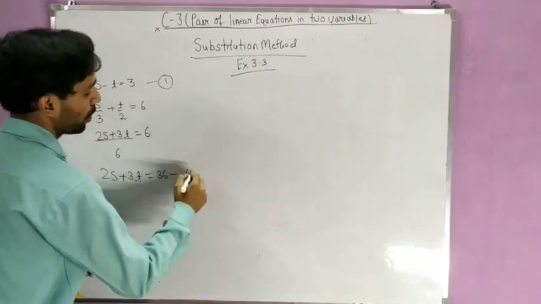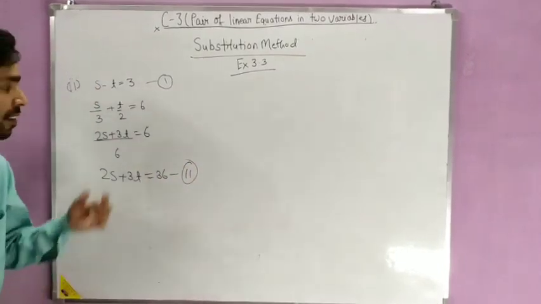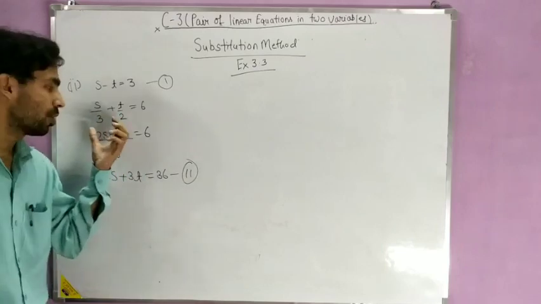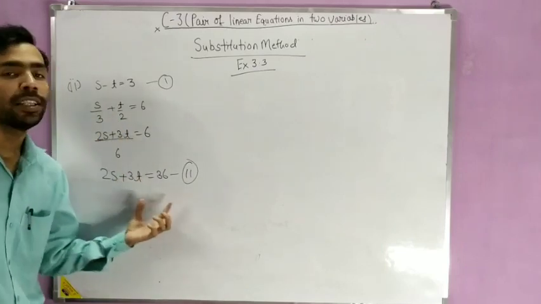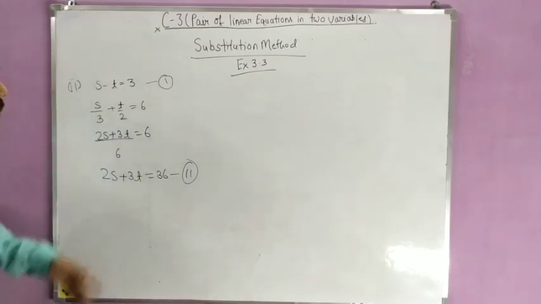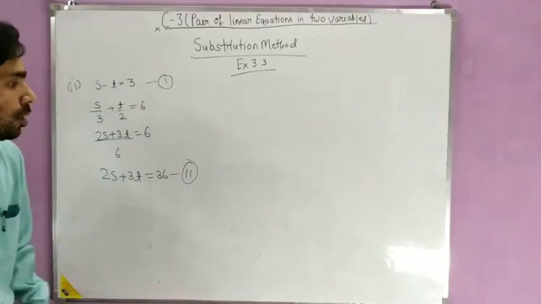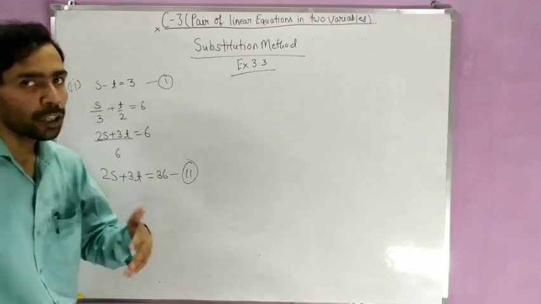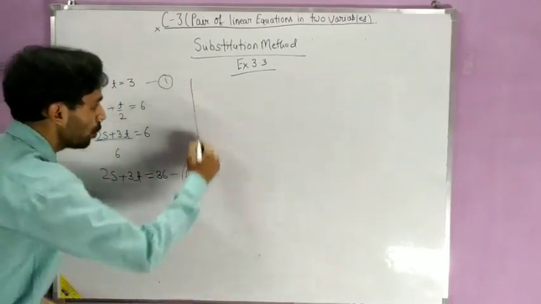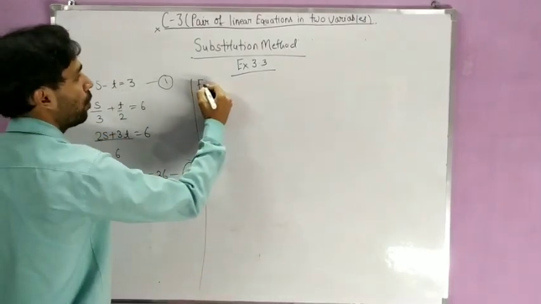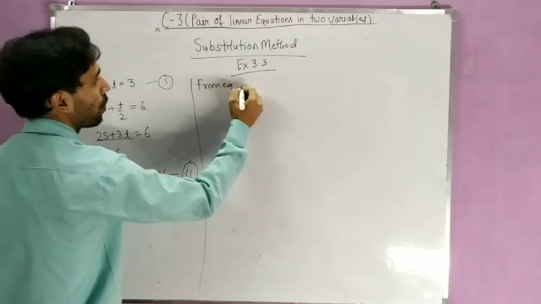This is your equation number 2. Because it was given in fractions, I first simplified it and then wrote equation number 2. So you now have two equations, and you can take any of them.